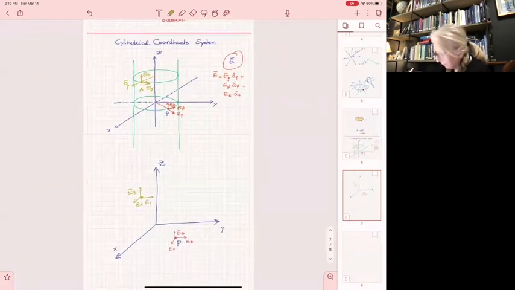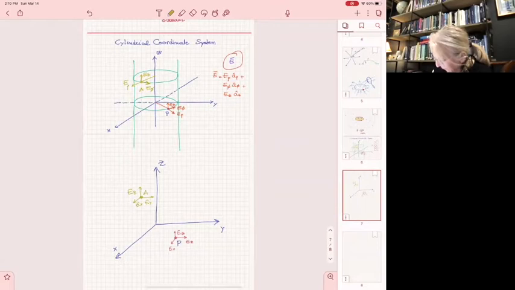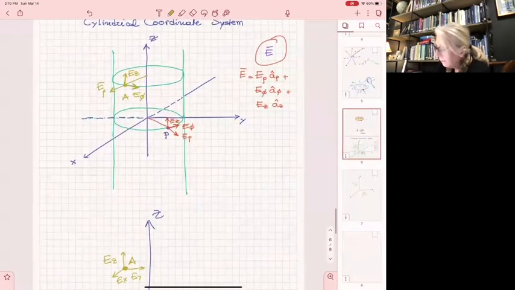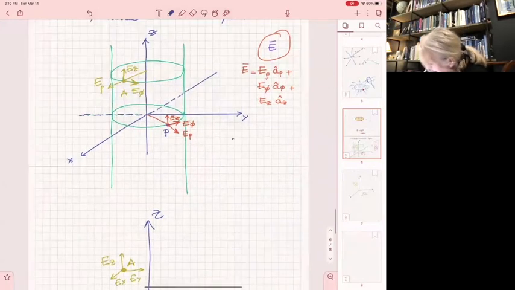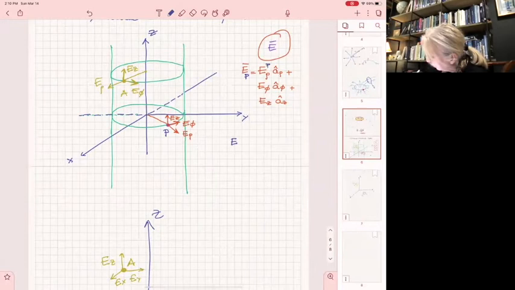For example, this is point A up here. Now I'm writing E sub A, and this is E sub P. All right, let me put P here, P and P, so we remember.